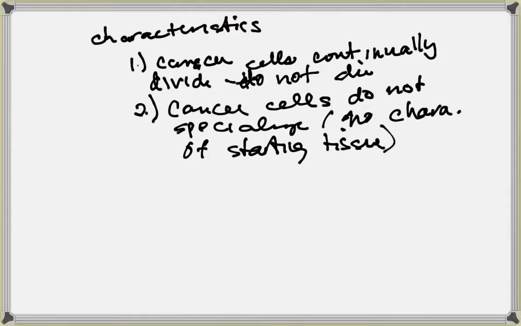So if, for instance, like we're talking about right now with the carcinoma, if you have a cell essentially become cancerous in that area, then they're no longer going to act like a skin cell. They're going to act like a cancer cell. So they're not going to be performing the functions that are required in that area, and it can cause your body a lot of havoc.